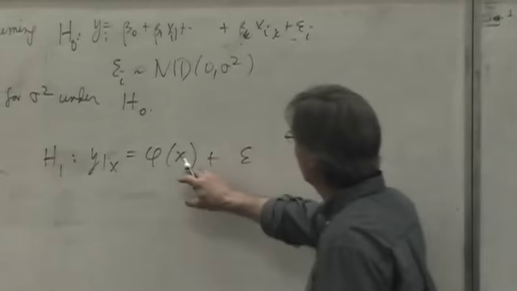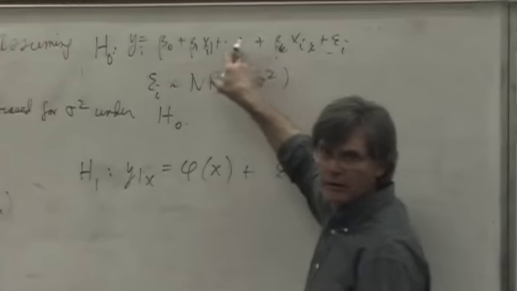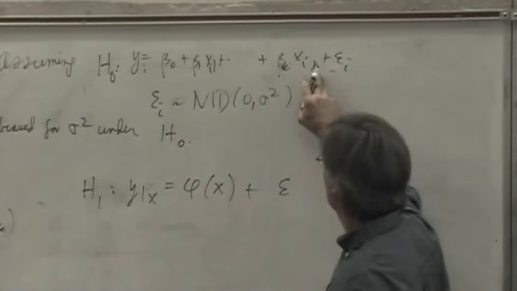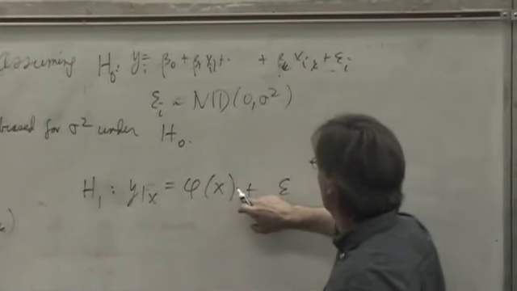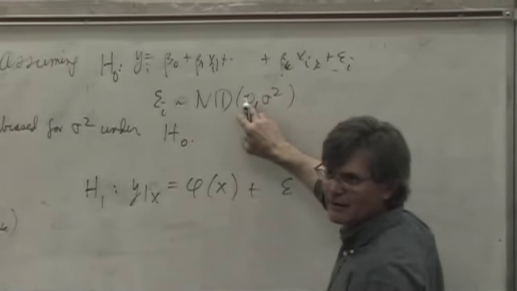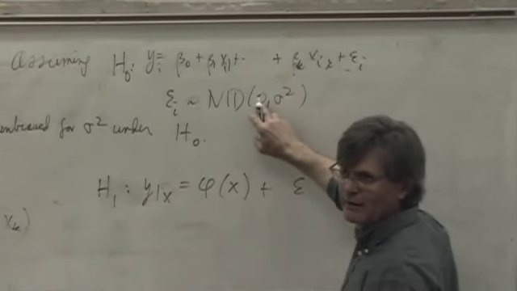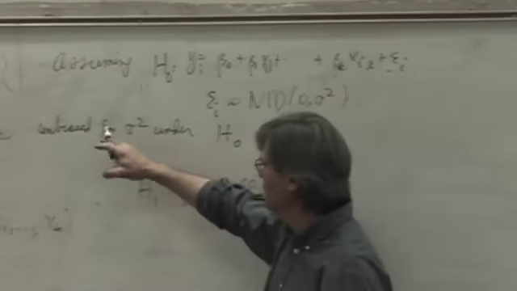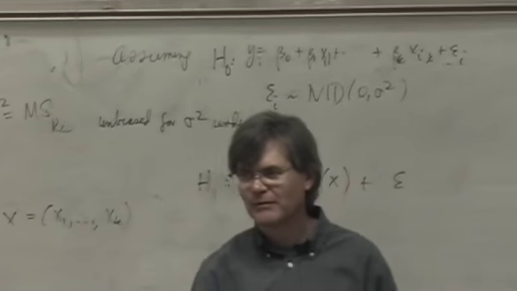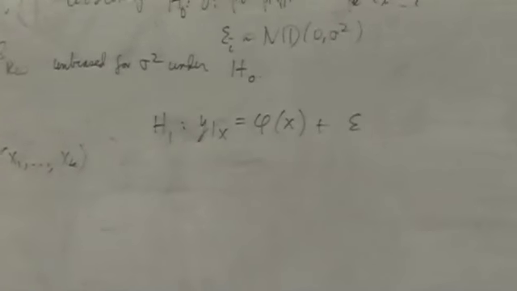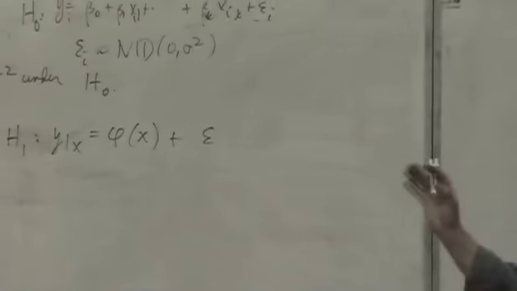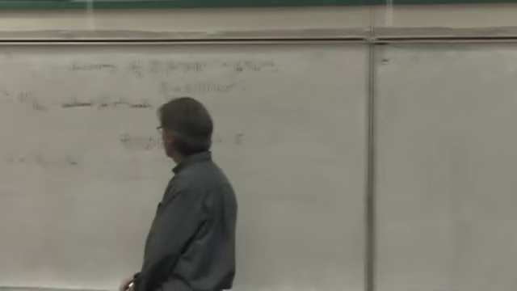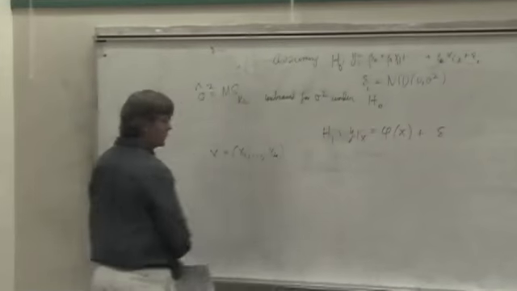If phi of x is not equal to the given form, beta 0 plus beta 1 x1 plus beta k xk, then the epsilon would have a bias. They'd still have variance sigma squared, but they'd have a bias. So then MS Res would be biased for sigma squared. Is there a situation where I don't have to use MS Res as an estimate of sigma squared?